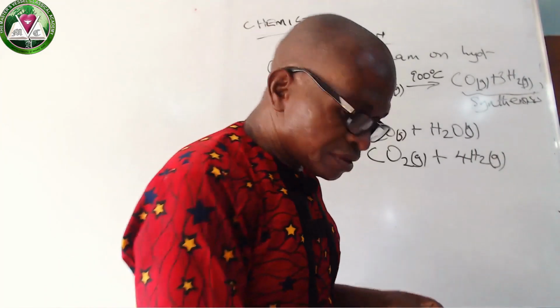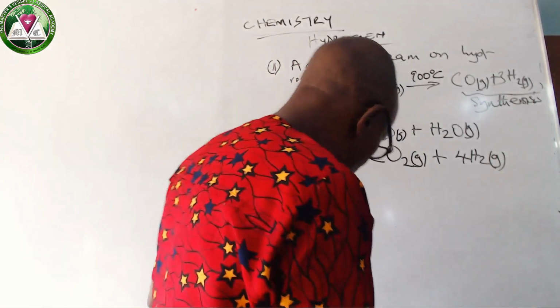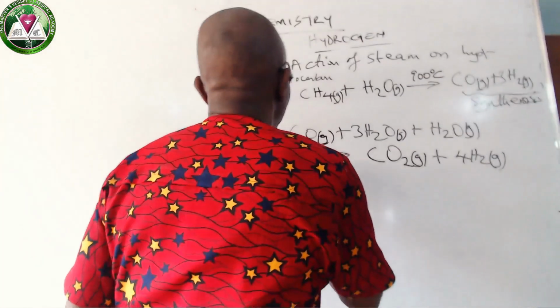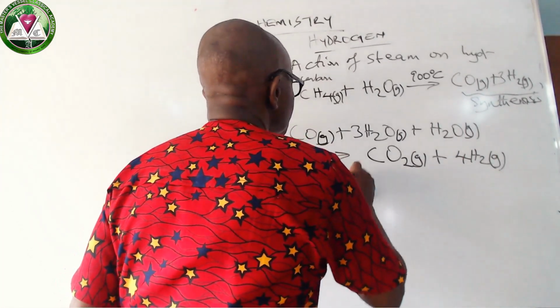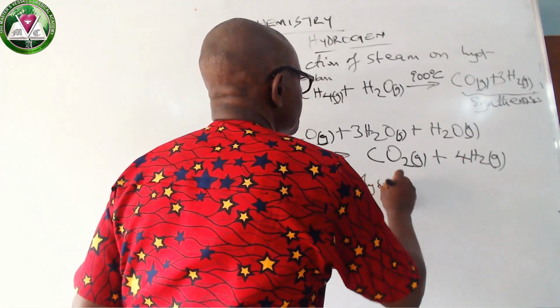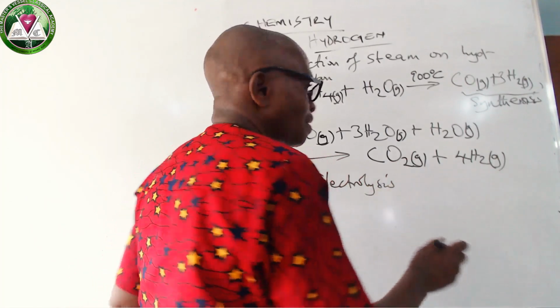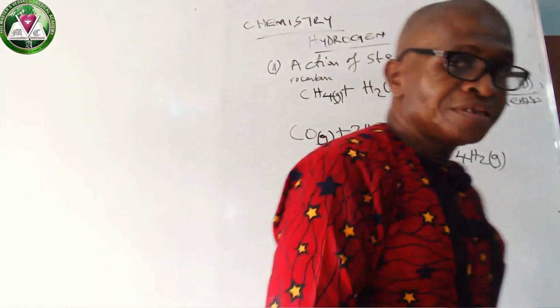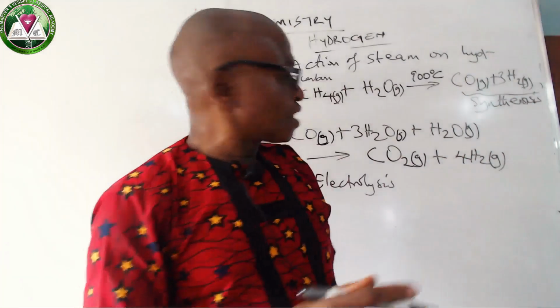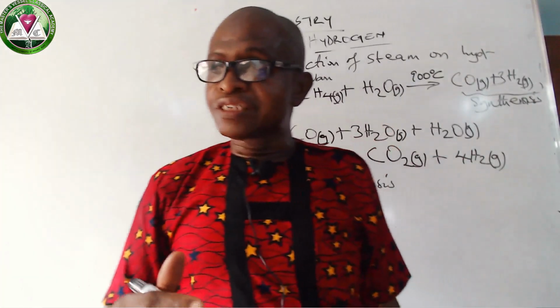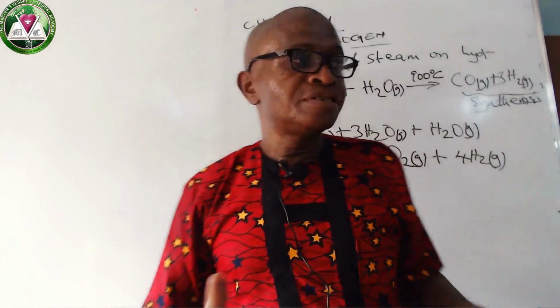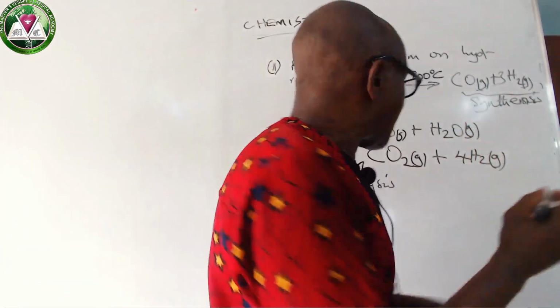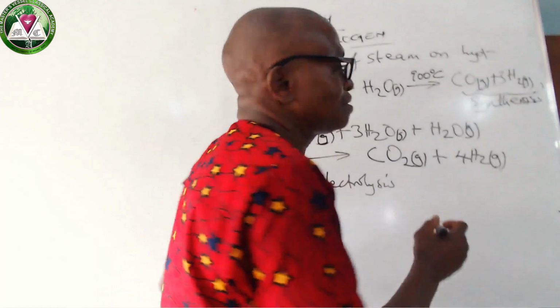Then the third method is electrolysis. Electrolysis is the decomposition of a compound. When you decompose a compound, the compound splits into cation and anion.